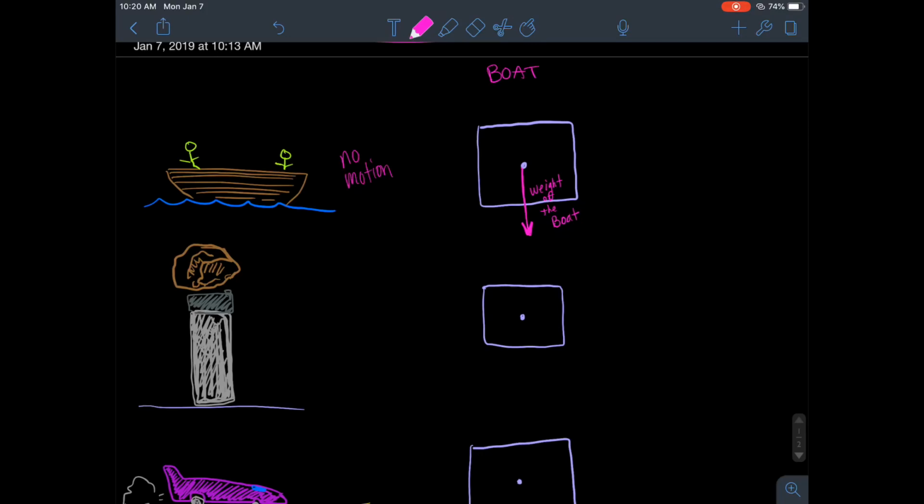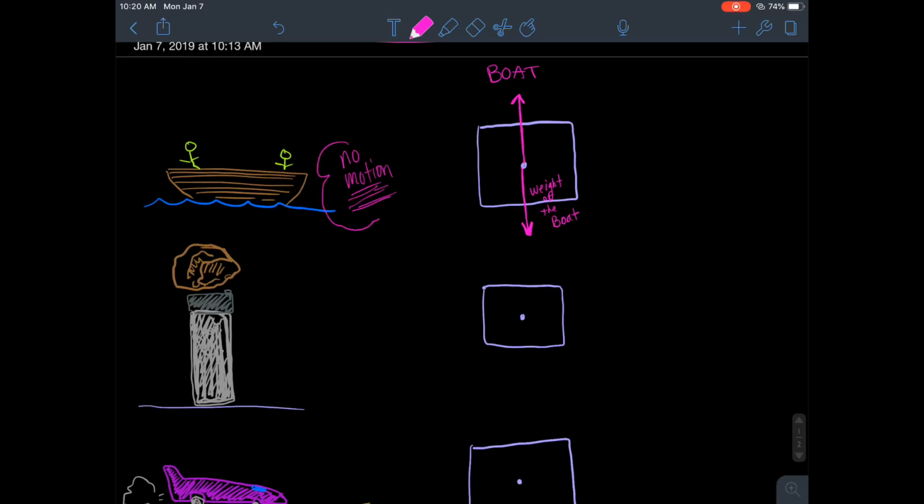But if there's only a downward arrow in this diagram right now, it would mean that this boat is sinking down. But it's not sinking down. Again, remember, there is no motion happening. And so therefore, there must be a force in the opposite direction of the weight of the boat. And that means that there's got to be one in the upward direction. And it has to be the exact same size since it's not moving.